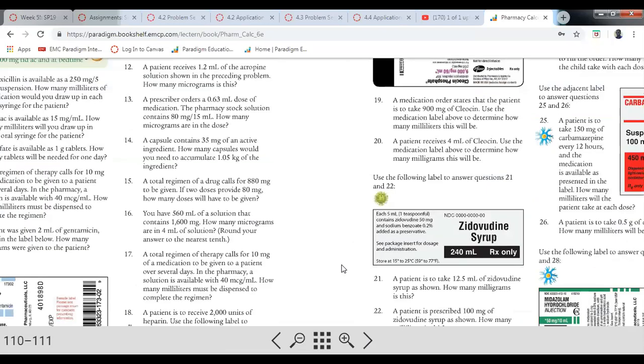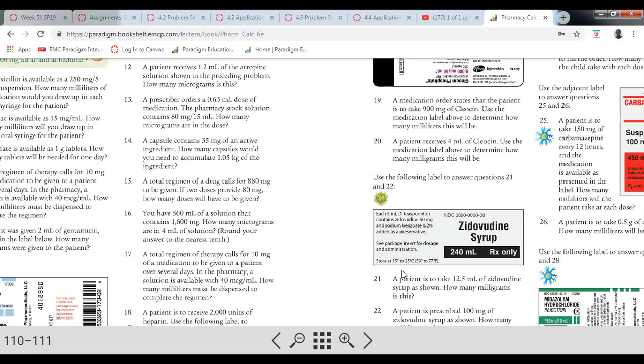Okay, so here it is. It says, use the following label to answer questions 21 and 22. So we have zidovudine syrup. It says each 5 ml or 1 teaspoonful contains zidovudine 50 milligrams and sodium benzoate 0.2%, each as a preservative. So there's a 240 ml bottle.